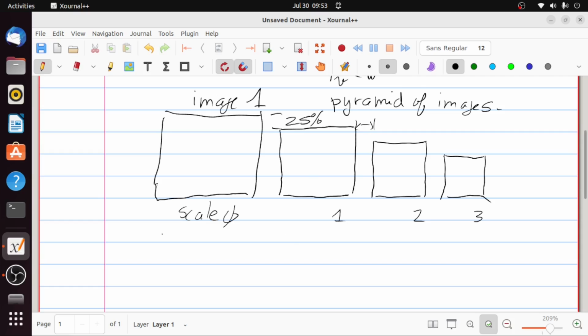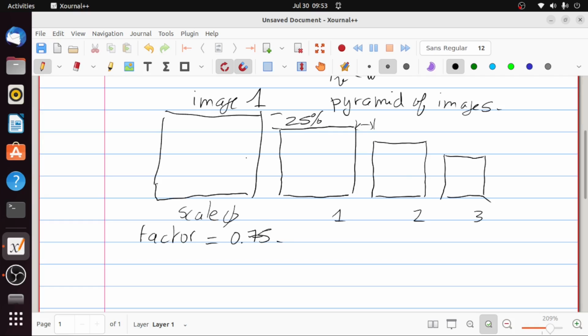This is called factor. So here in this case it would be 0.75. I think it's the default I use. So why do you do that?